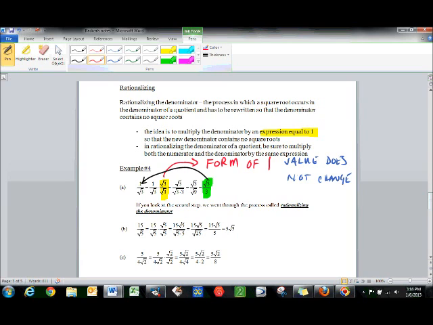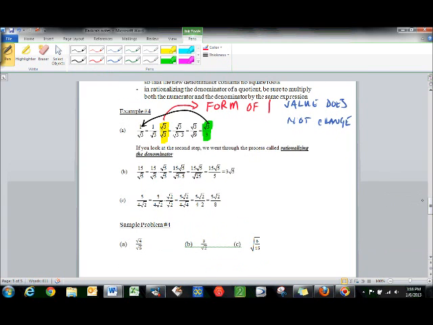Now, in many cases, once you rationalize the denominator, you still have a little bit of work left to do. So if we look at set B, we've rationalized the denominator right here with the square root of 5 over the square root of 5, and then upon finishing this, we still have a 15 and a 5 in the fraction.